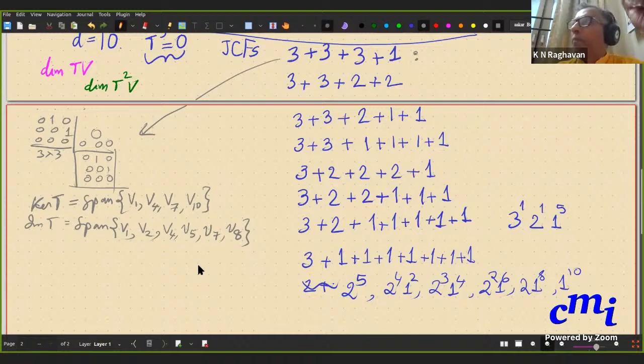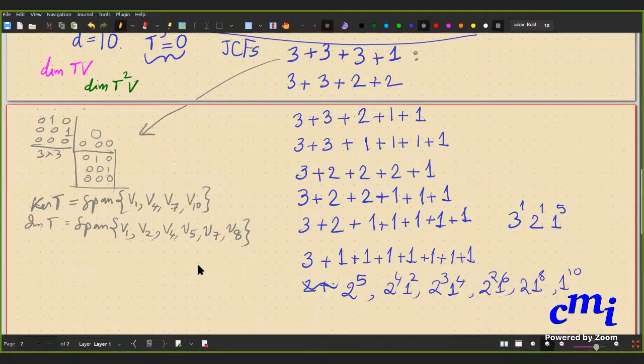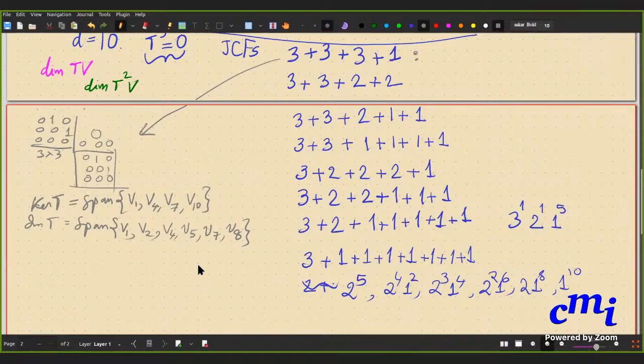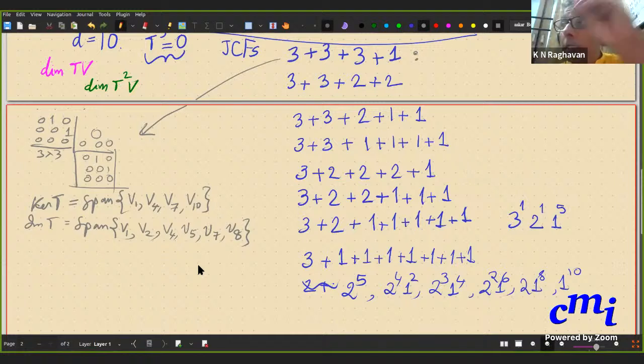What is the rank of a matrix in row reduced echelon form? Number of non-zero rows. What is the rank of a matrix if it is not in row reduced echelon form? Number of linearly independent rows. So it is not equal to the number of non-zero rows, correct?